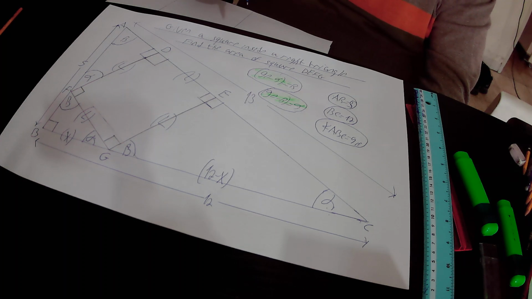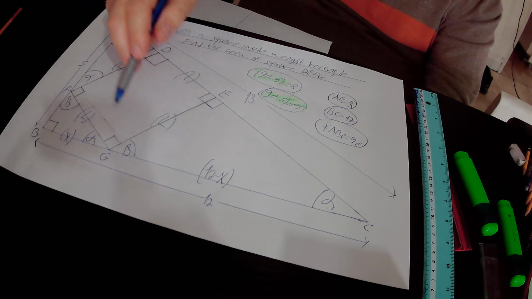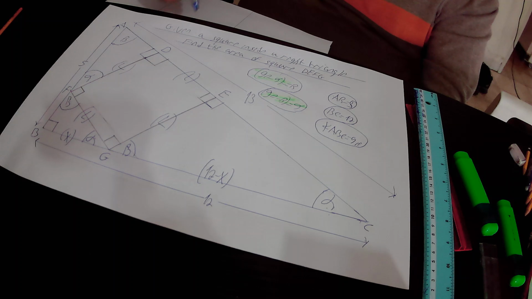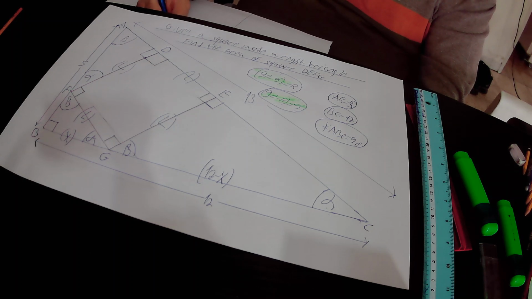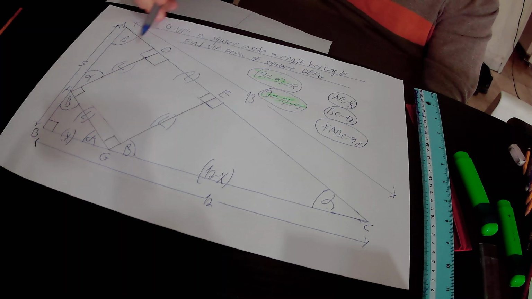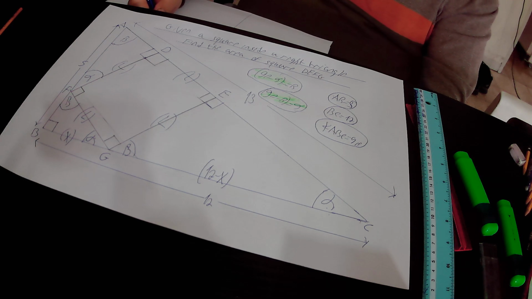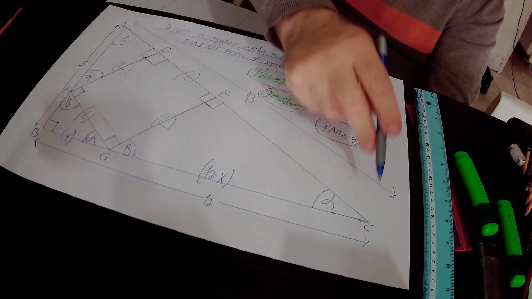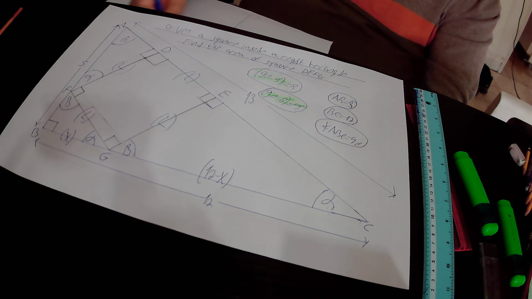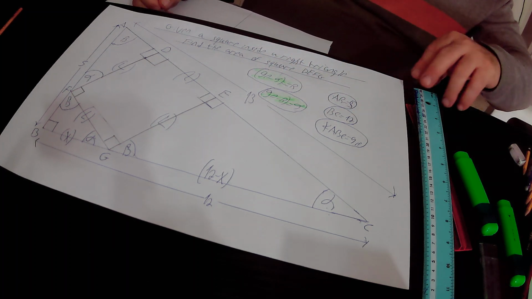And from the fact that the two right triangles are similar to each other, we will derive that BG over FG in the right triangle FBG is equal to BC over AC in the right triangle ABC, the big right triangle ABC.